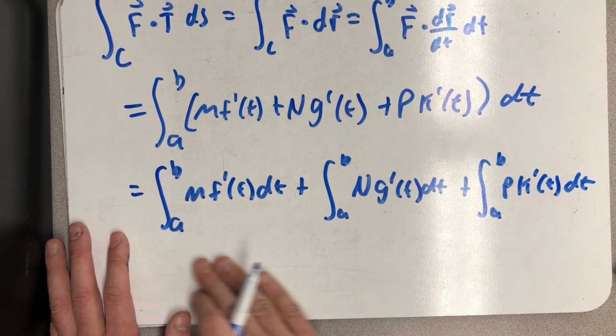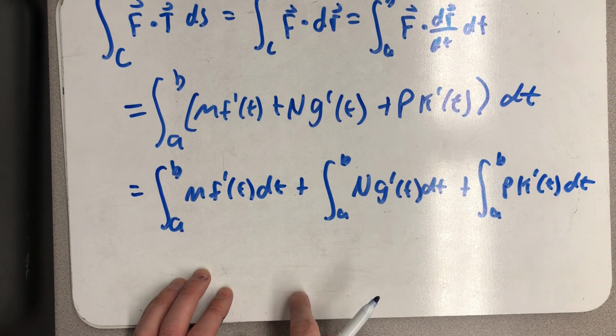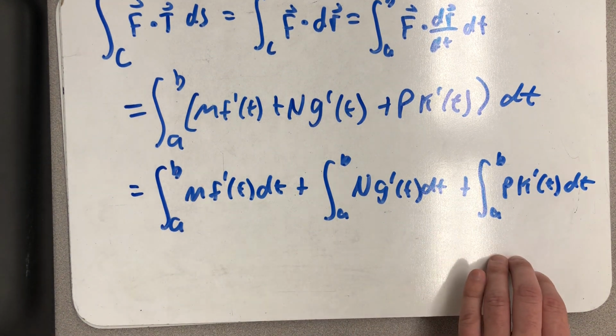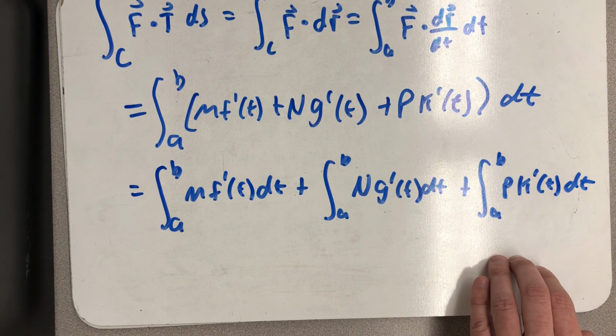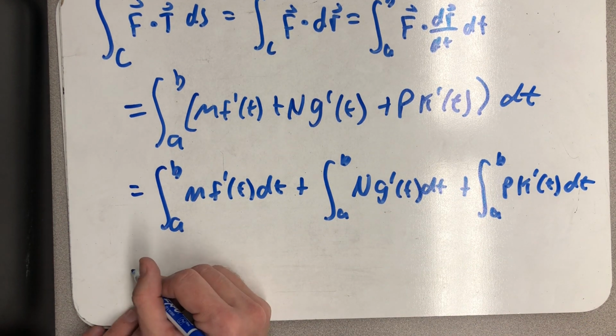Okay, so what I now see is that my line integral of a vector field is the sum of these three definite integrals.